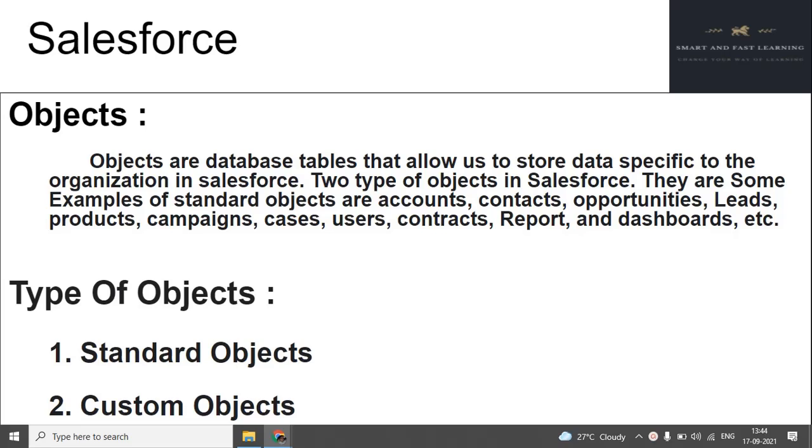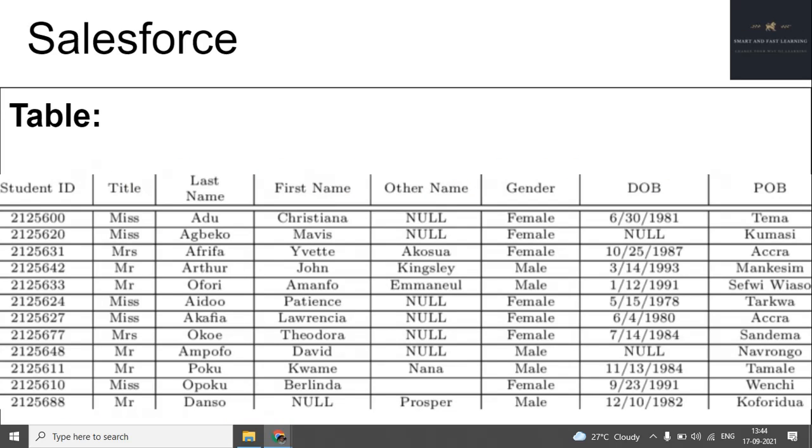Standard objects are those objects that are previously defined by Salesforce, and custom objects are the objects which we create. So first we create an object, and every object we create is called a custom object. For example, this table is an object. You can see the table.